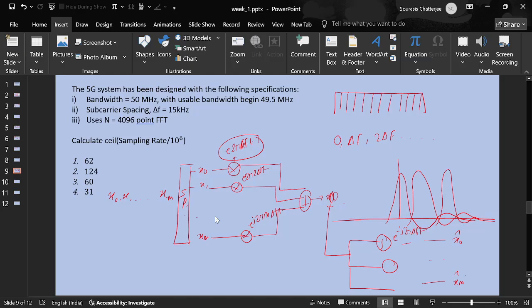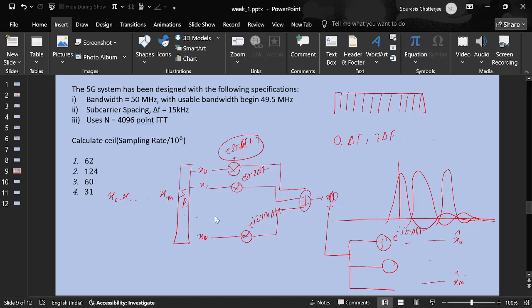Let's try this way. Your symbols are loaded into the subcarriers, right? And your subcarriers are a frequency domain entity. So OFDM is kind of frequency modulation, but what you can transmit is only a time domain signal, right? So what you need to do on the transmitter side?